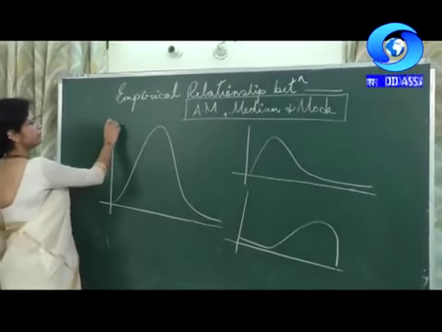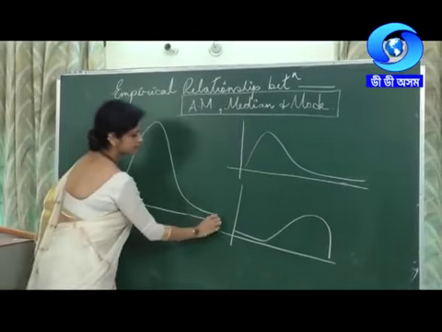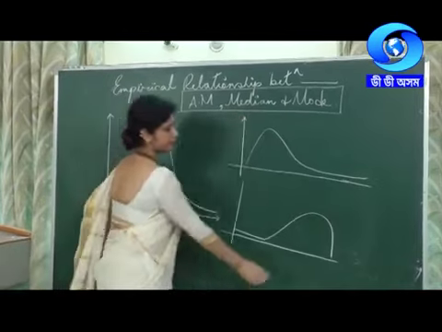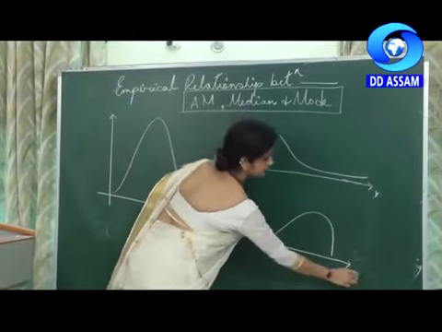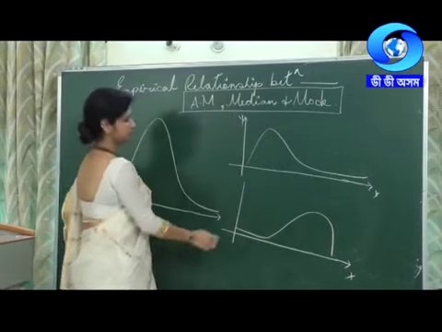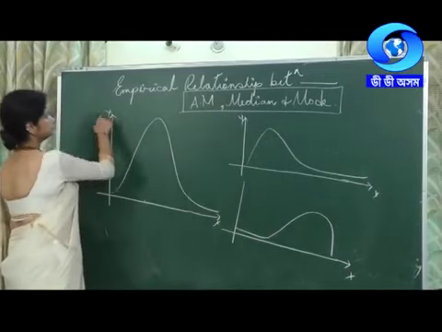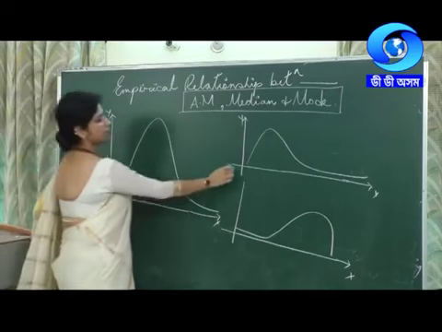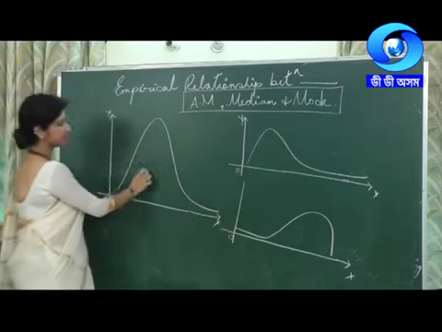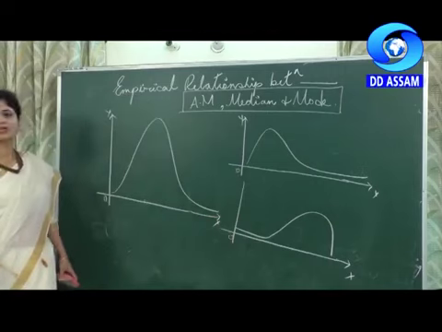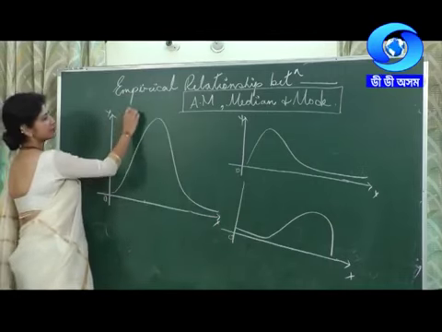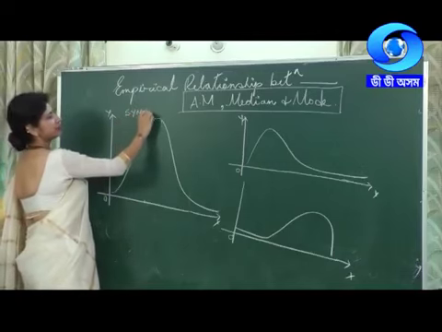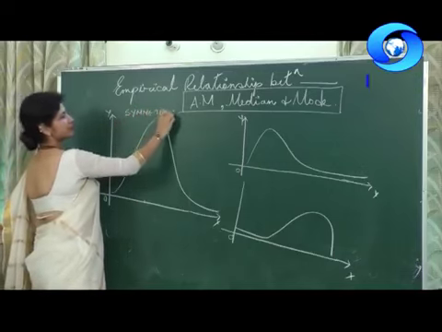Alright, I have drawn frequency curves of 3 different shapes. So here you see, this is the bell-shaped curve, or this is the curve for a symmetrical distribution. This is called a symmetrical distribution.